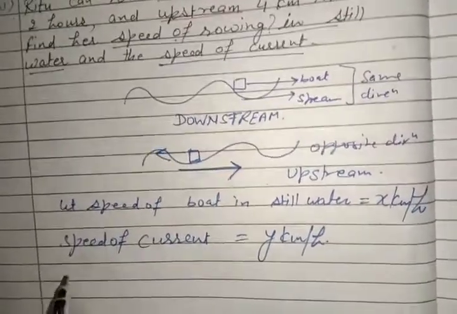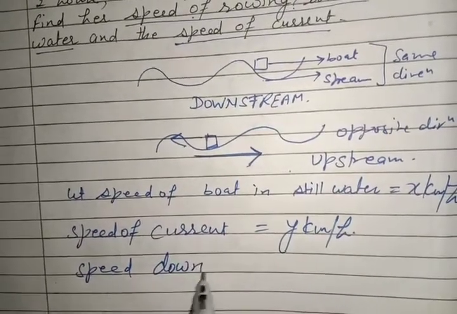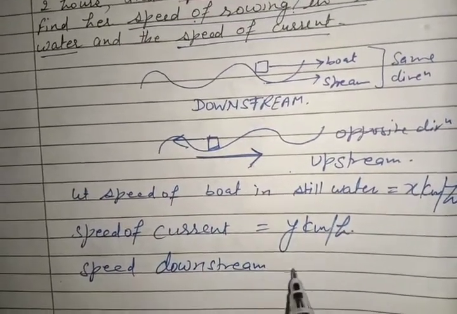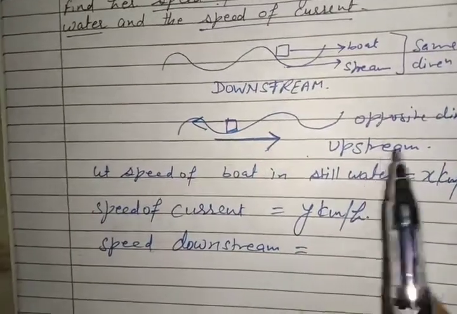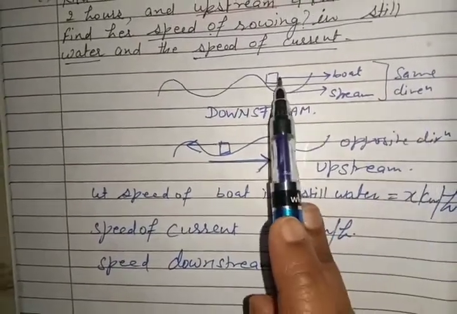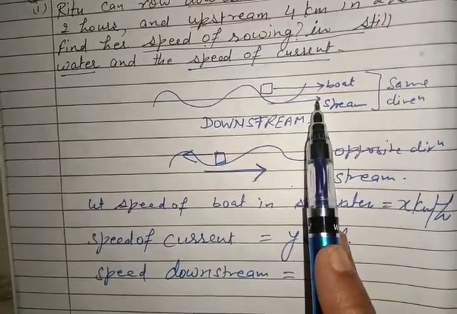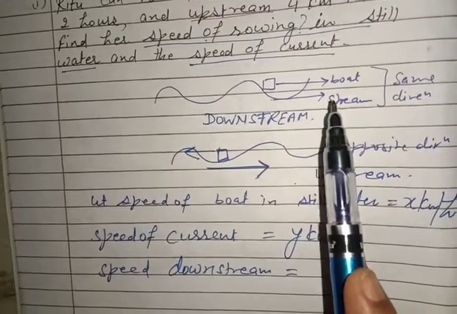Now we will write speed downstream. As I told you just now, downstream means same direction, and just think in your mind that if one thing is going in one direction and the other is also pushing it in the same direction, then definitely speed will increase.